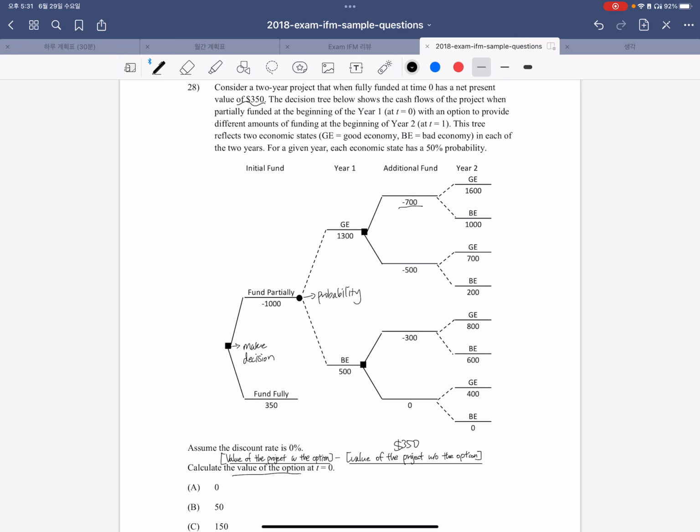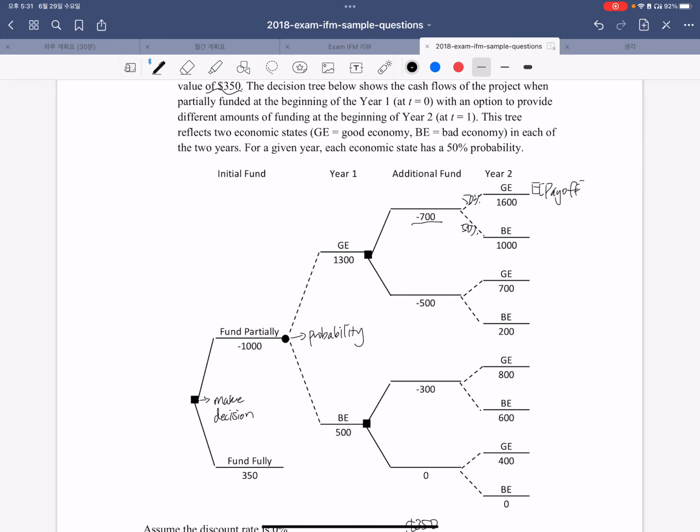So on year two, when we get additional funds, let's suppose we get an additional fund of 700. It is mentioned that we have 50% chance of being a good economy or bad economy for each. So expected payoff would be 50% times 1600 plus 50% chance times 1000, which is 800 plus 500, which is 1300.